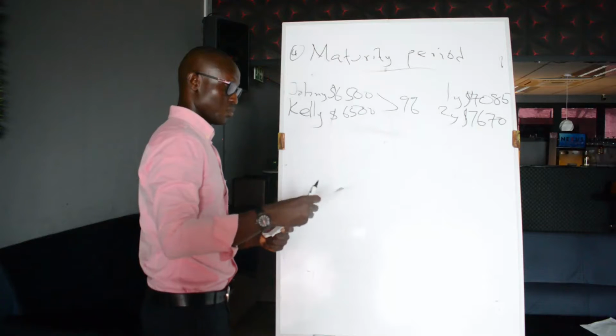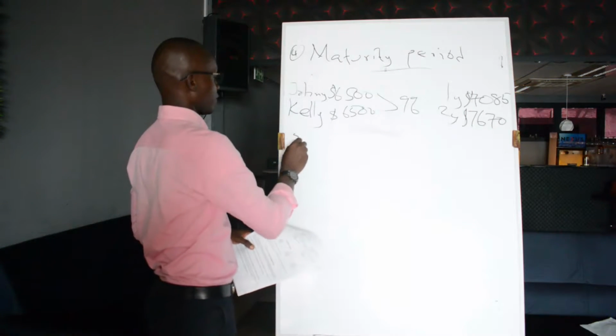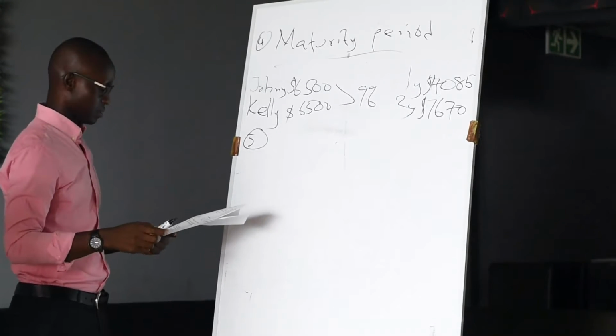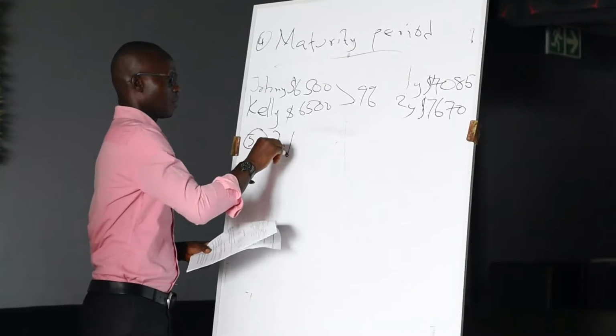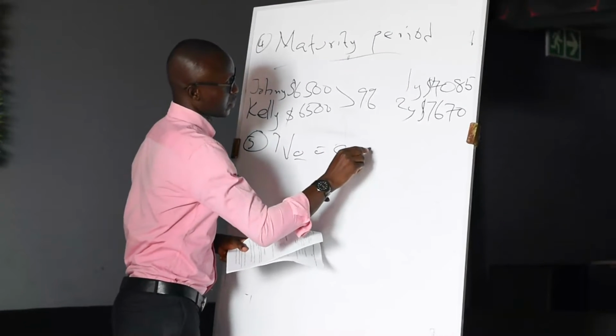Okay, so let's move on to the fifth point, number 5. I said we're going to look at 8 ways. So the number of compounding periods.